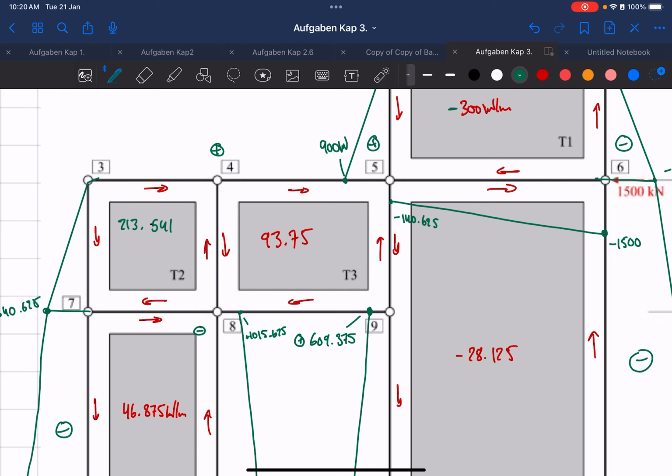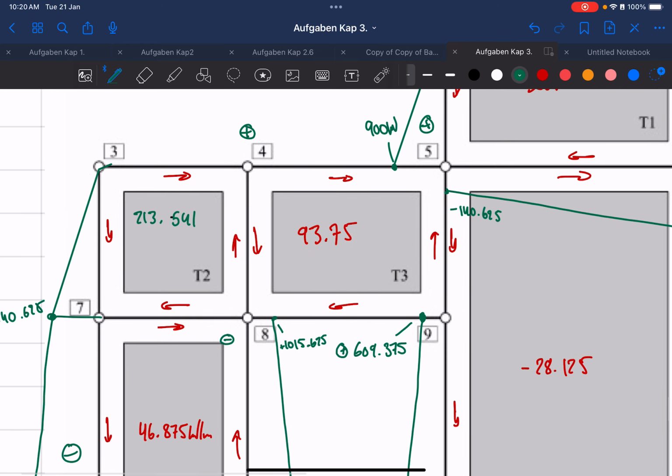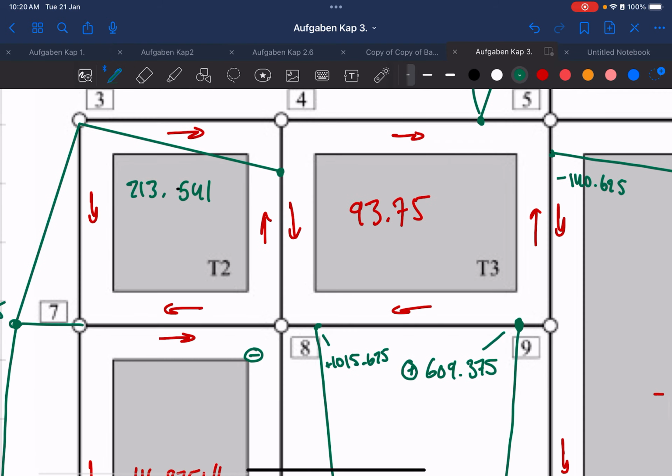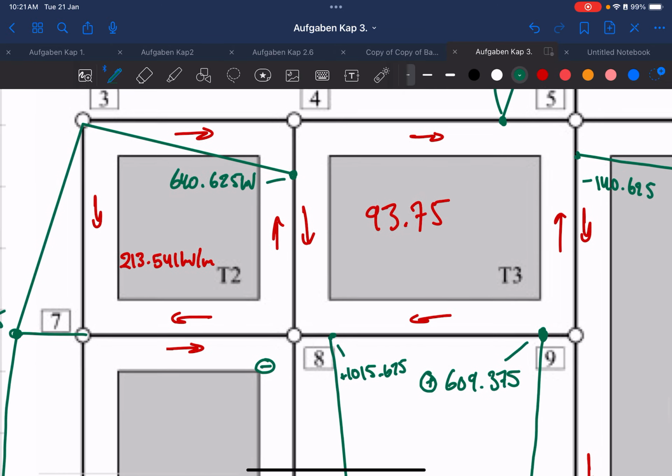So it's 213.541 times the distance of 3 minus 640. So, negative.